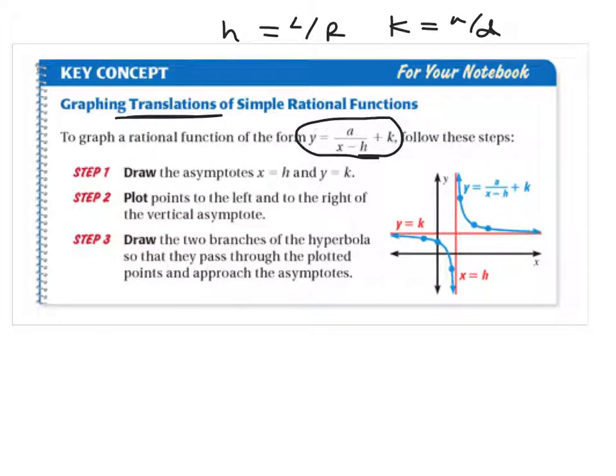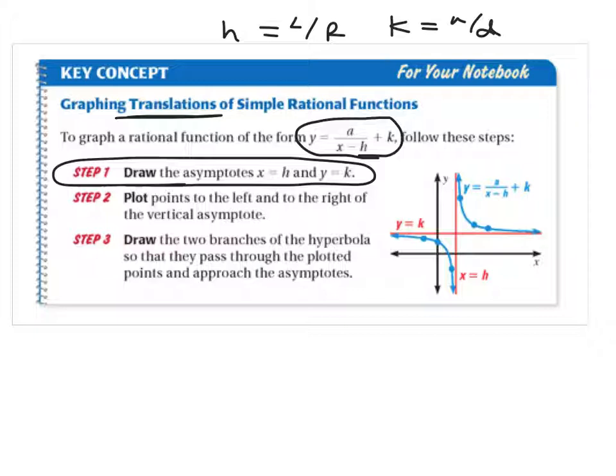That has not changed at all, amazingly enough. So our asymptotes are going to be x equals h and y equals k. We go to our function and grab x equals h, which is my vertical asymptote, and y equals k, which is my horizontal asymptote. Then we plot some points to the left and the right of the vertical asymptote and draw the two branches.